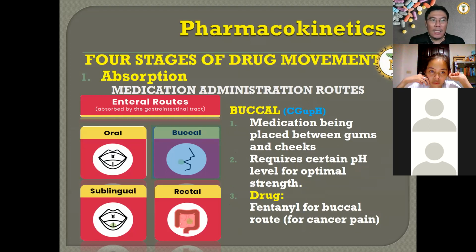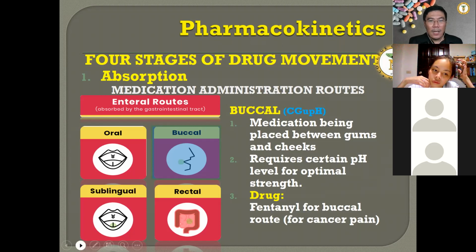Fentanyl is a pain reliever, usually intended for cancer pain. Those who have cancer, fentanyl is the drug of choice for pain management, but most fentanyl is given via buccal rather than oral because of its fast and immediate effect.